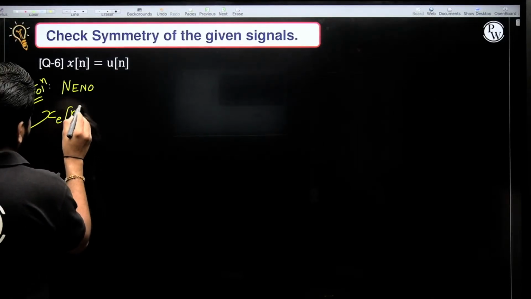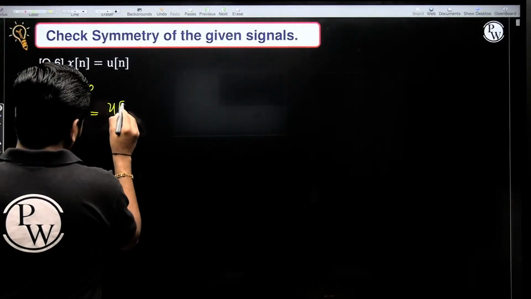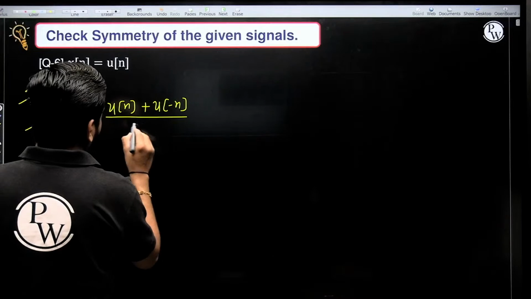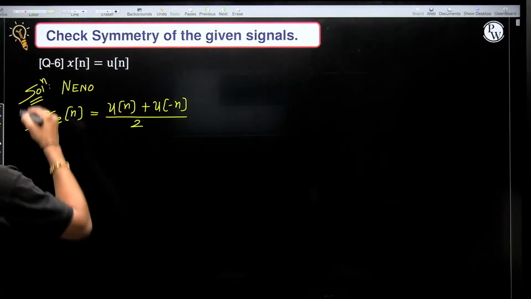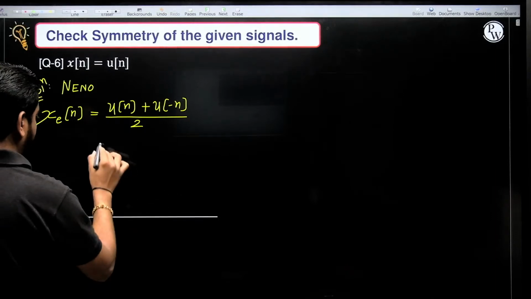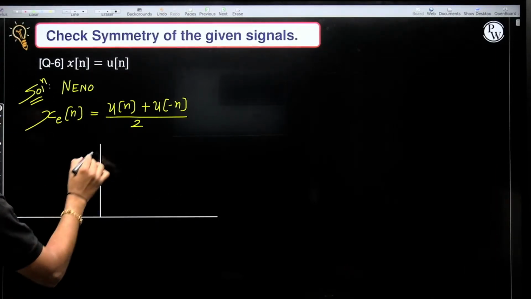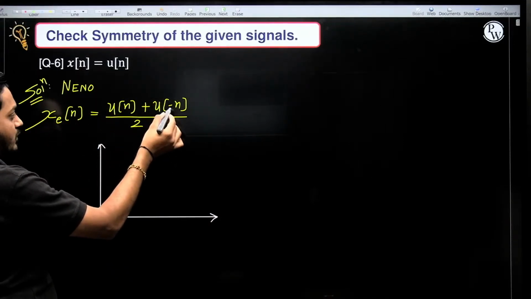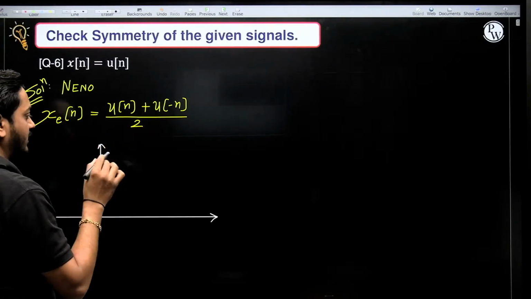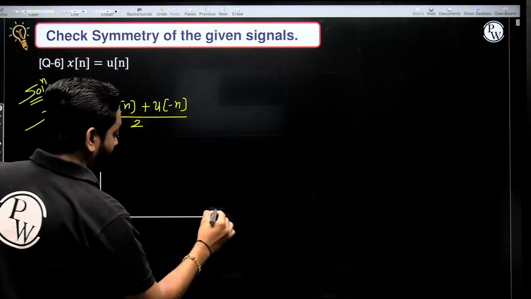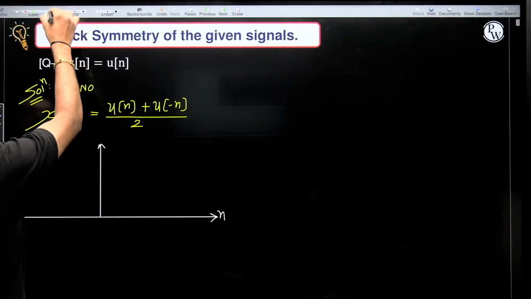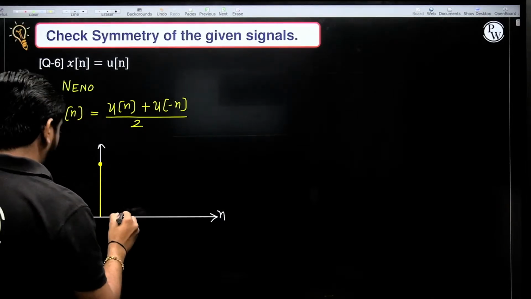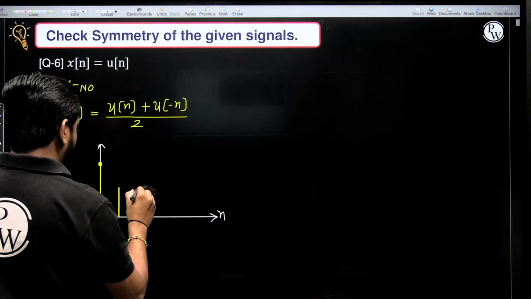Its even part is given by Q of n plus Q of minus n whole divided by 2. So u of n plus u of minus n. Already we have seen it is not 1 for all n. At origin the amplitude of this is 1, and at origin the amplitude of this is 1. So 1 plus 1 divided by 2, so at origin 1, and other than origin you will get 1 by 2.